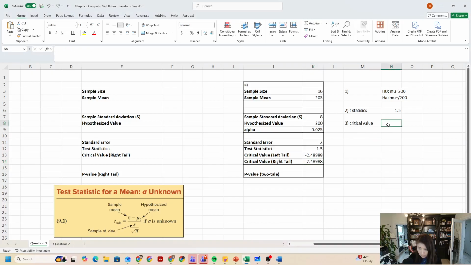After we know the critical value, the decision rule should be called the rejection rule, number 3.